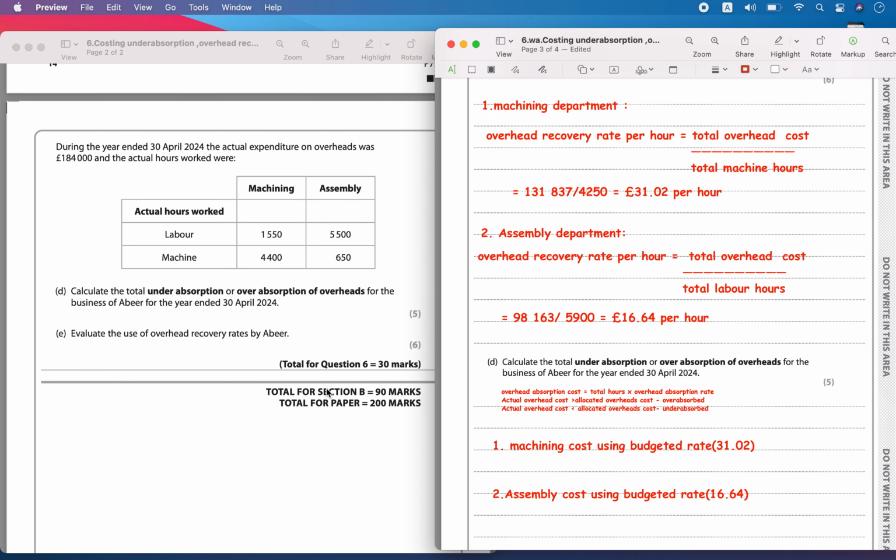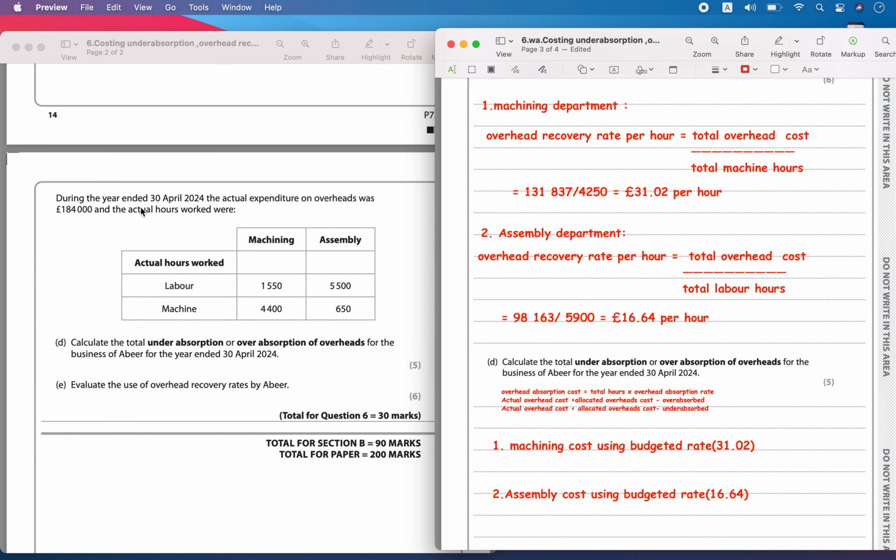Now after that, for part D, during the year ended 30th April 2024, the actual expenditure on overheads was 184,000 and the actual hours worked were this much. So can you say whether there has been an under absorption or over absorption of the overhead cost for the business of Abeer for the year ended 30th April 2024?